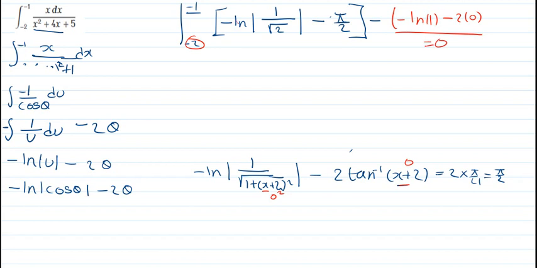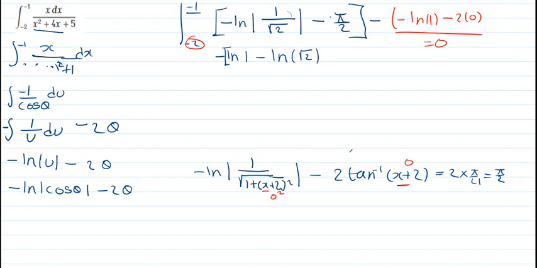Then taking care of the upper limit, we're going to have negative natural log of, distributing this, since we know it's a fraction, using properties of logarithms, negative natural log of 1 minus natural log of square root of 2.